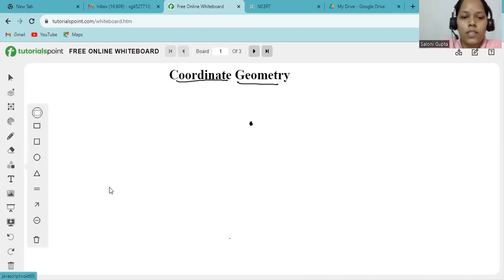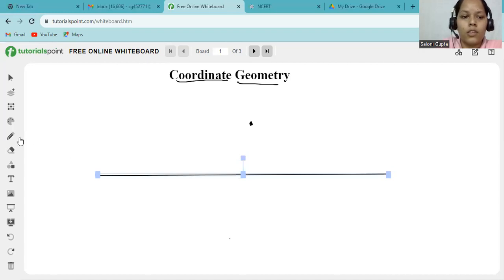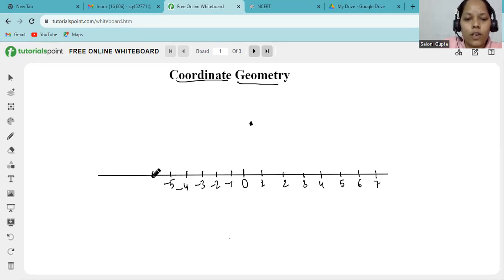On the number line, in the center we show 0, and on the right-hand side we show the positive numbers: 1, 2, 3, 4, 5, 6, 7. On the left-hand side I'm showing the negative numbers: -1, -2, -3, -4, -5, -6, -7, then -8 and -9. So this is my number line.